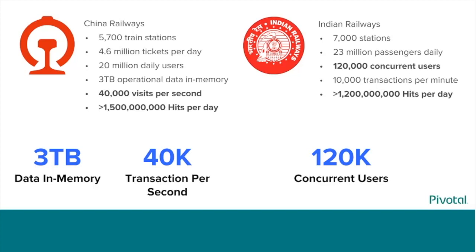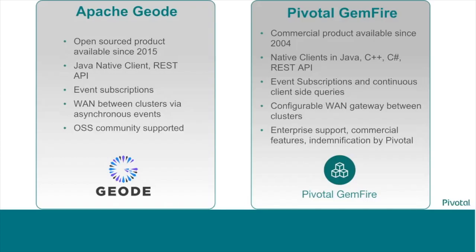So that's the success stories, and then I would like to briefly talk about Gemfire after it was spun out, after it became part of Pivotal. As you know, all of Pivotal's products are open source. So in 2015, Pivotal contributed the Gemfire code base to the Apache Foundation, and that's when Apache Geode was born.